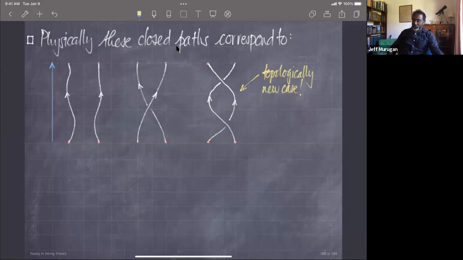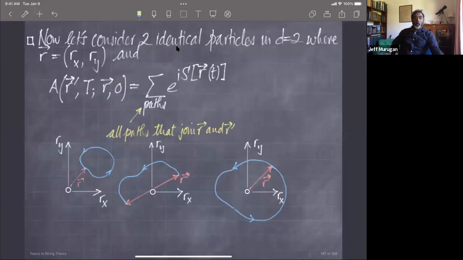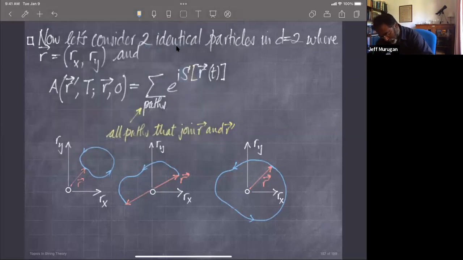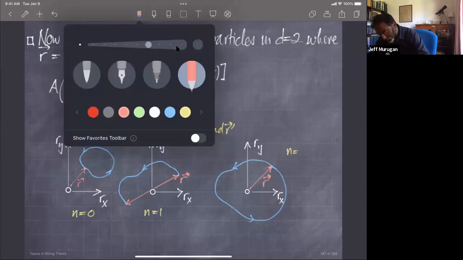Clearly, looking at this picture, this number is going to be some integer multiple of pi, with positive integers telling me the positive winding and negative integers telling me the same winding but going in the clockwise sense. So in this sense, this path corresponds to n, that integer, equal to 0. This path corresponds to n equals 1, and this path corresponds to n equals 2, keeping in mind that r and minus r are identified in the story.